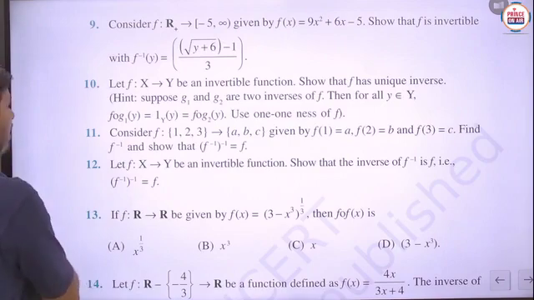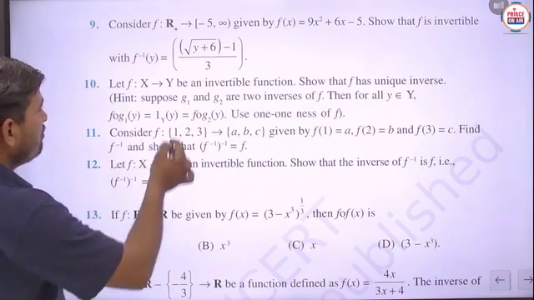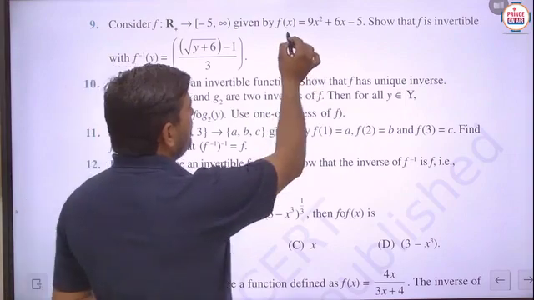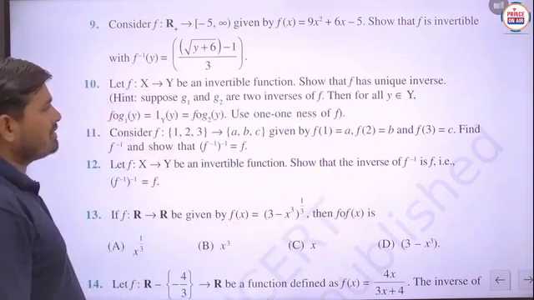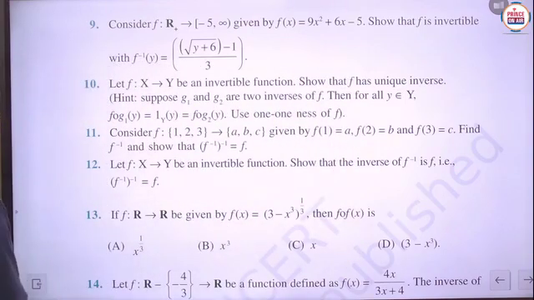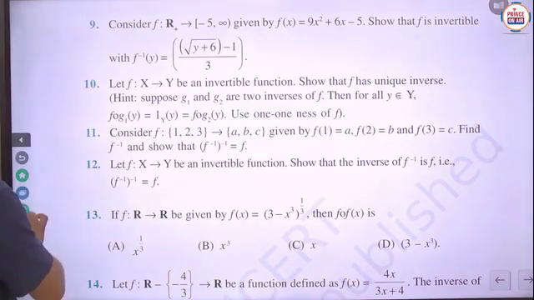So again we will see the question: R positive to [-5, infinity), and here f(x) is given as 9x² + 6x − 5. So we will take this question.